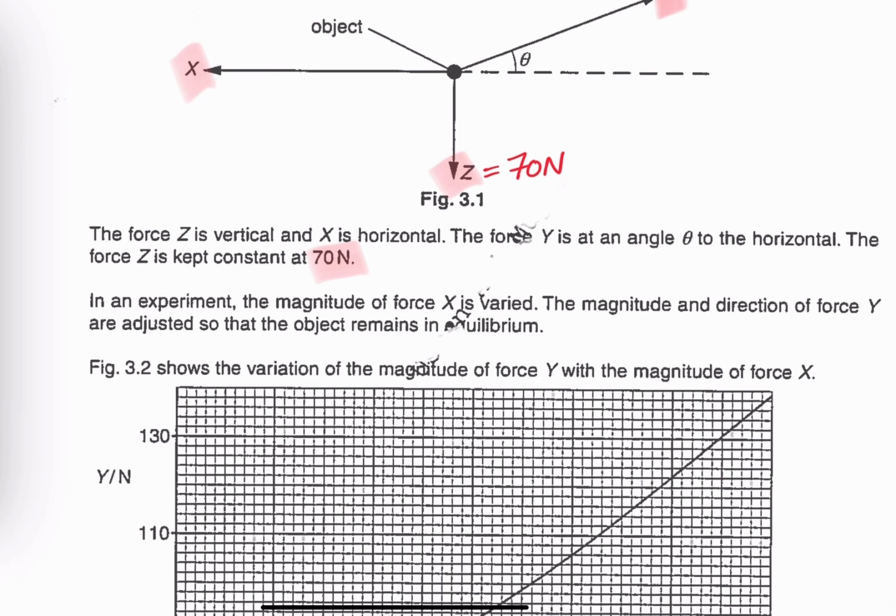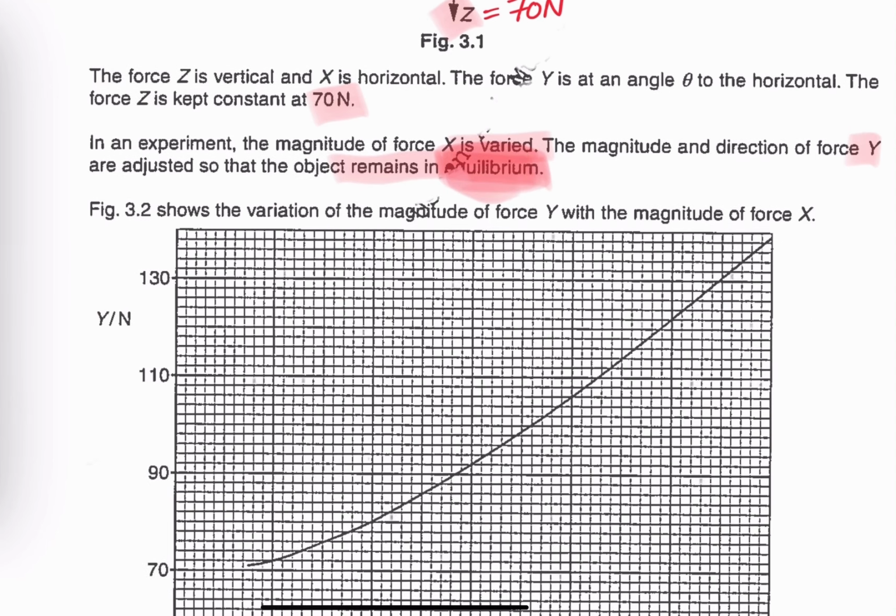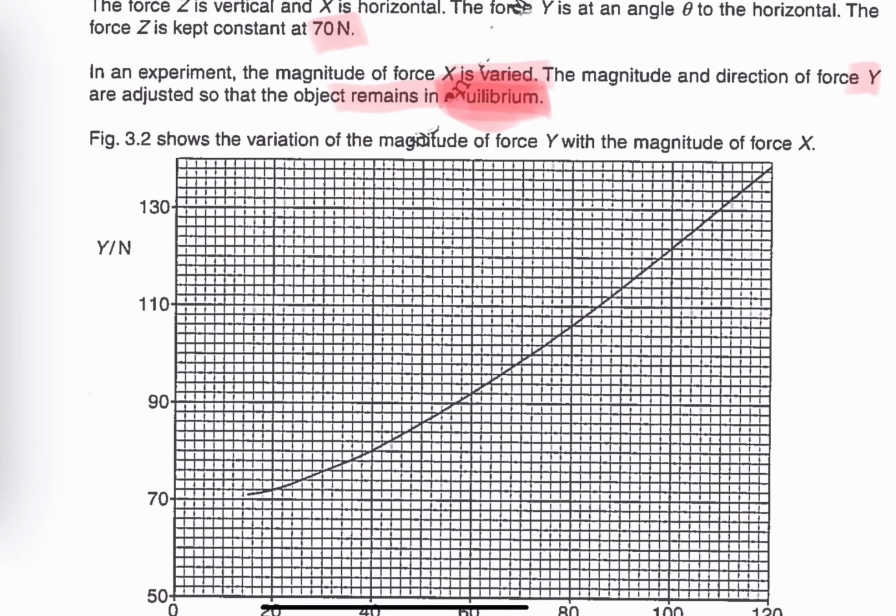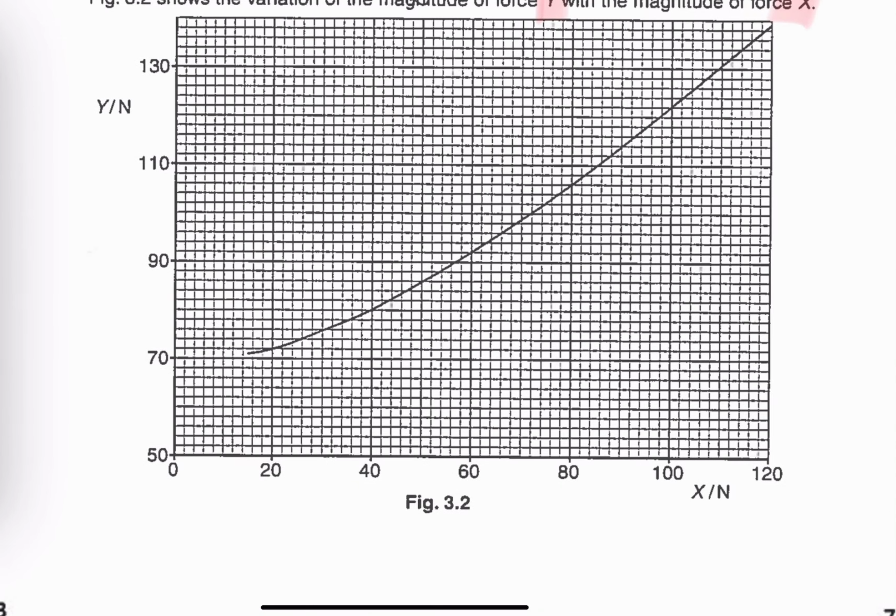In an experiment, the magnitude of X is changed, and the magnitude and direction of Y are adjusted so that the object remains in equilibrium. So keep in mind this is in equilibrium. The graph shows the variation of the magnitude of Y with X.